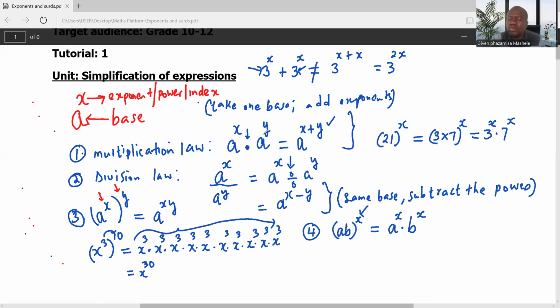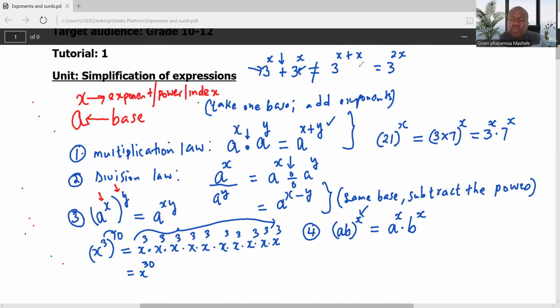Why? This would be true if we had a multiplication sign. Because we do not have a multiplication sign, you cannot say 3 to the exponent of x plus 3 to the exponent of x is the same as 3 to the power of 2x. It's not the same.